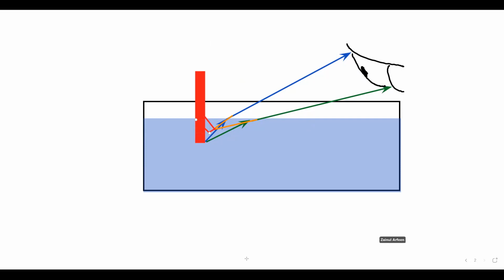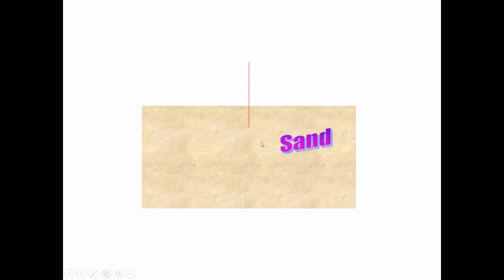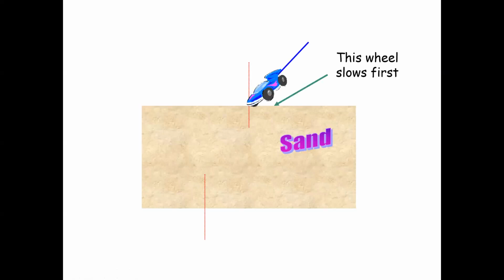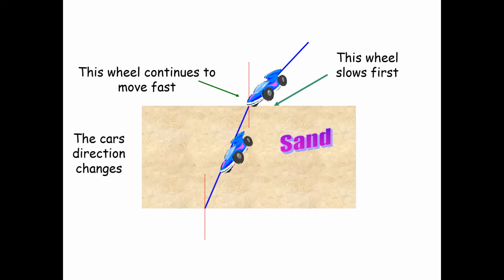So the property of light to change its speed when it travels from one medium to another, we simply call refraction. You can understand this from an example: if there is sand and a car is moving, when the car is moving on the track, it is moving faster. But when the car enters the sand, it will slow down, and as it slows down, it bends towards the normal.